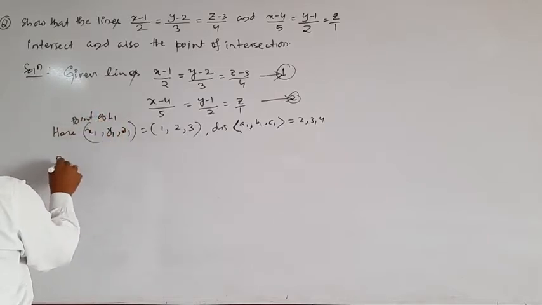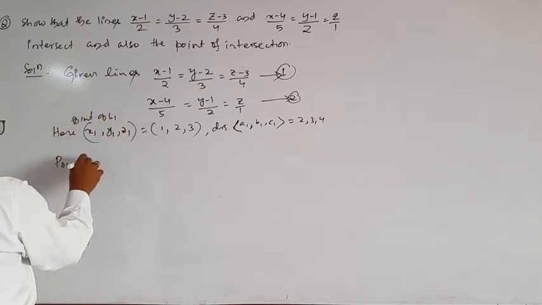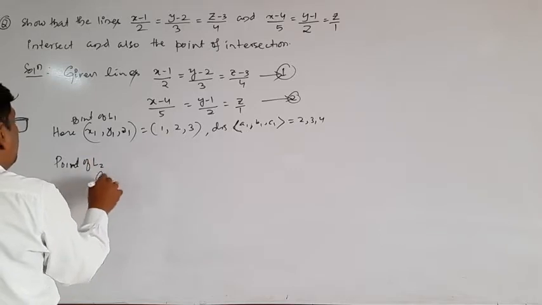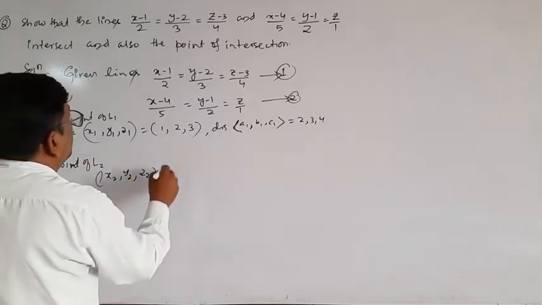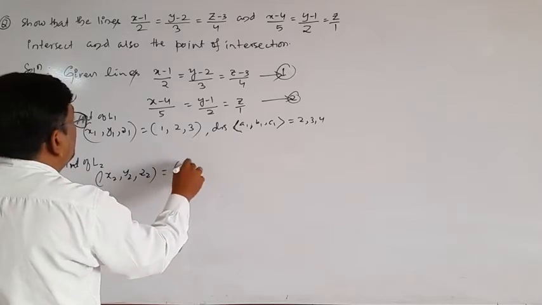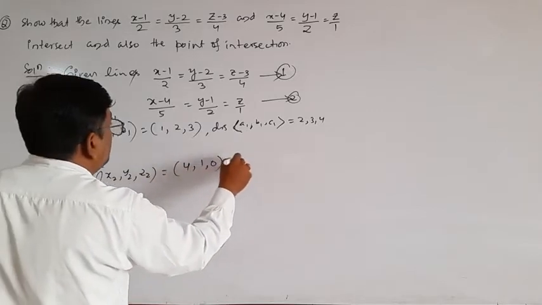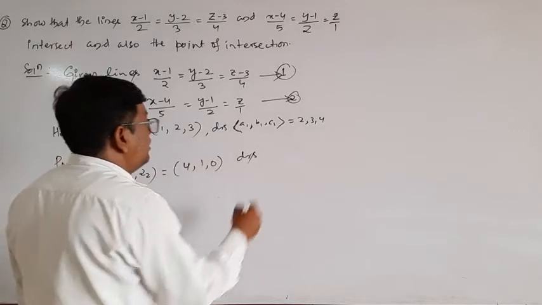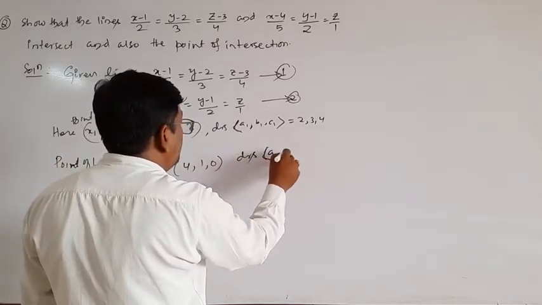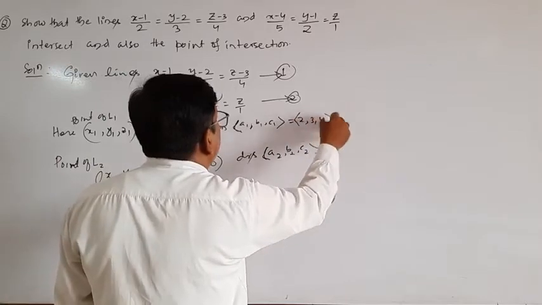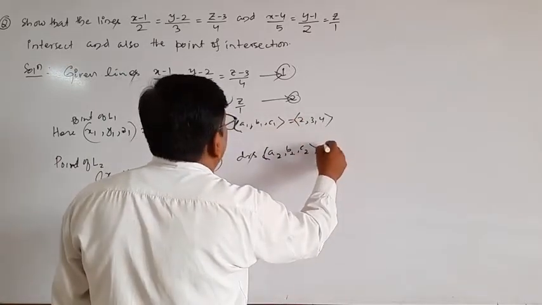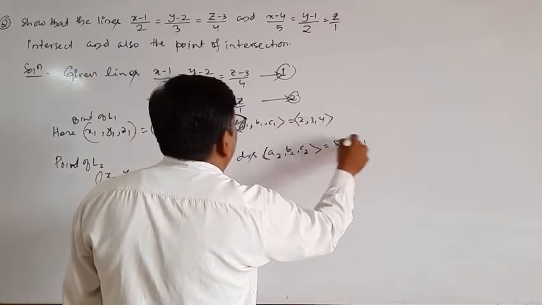Now the point of L2, (x2, y2, z2), is equal to (4, 1, 0), and the DRs (a2, b2, c2) are (5, 2, 1).